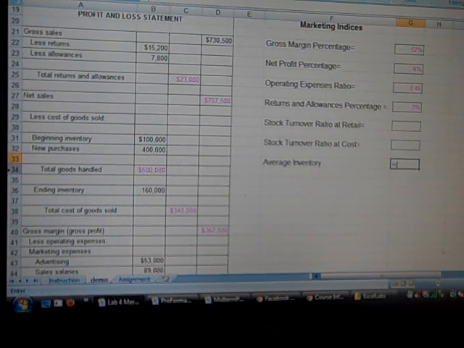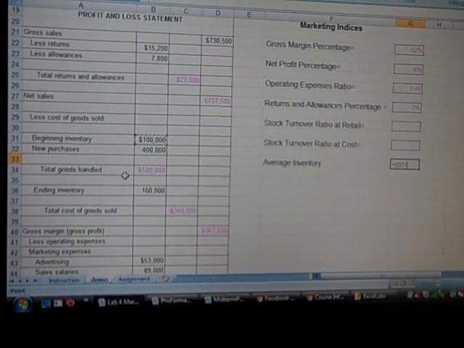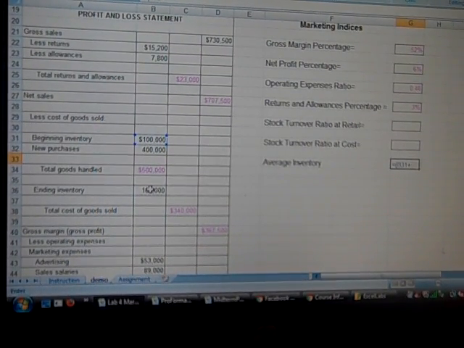So let's go to the beginning inventory, and then you add the ending inventory right here, and you divide it by 2. Okay, and press enter. And then you'll get this number, which is 130,000. So that should be in between those two.